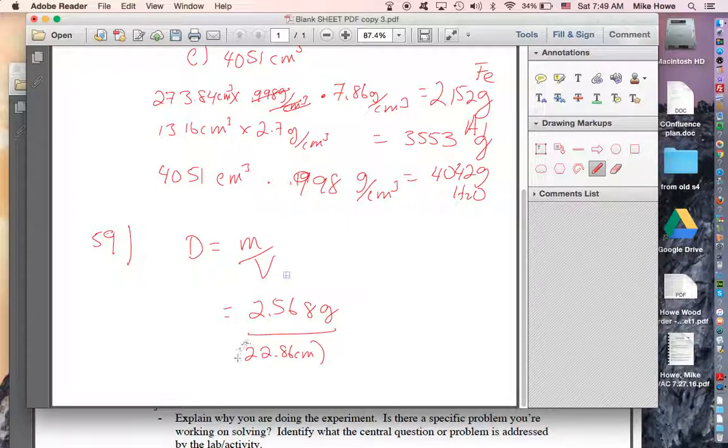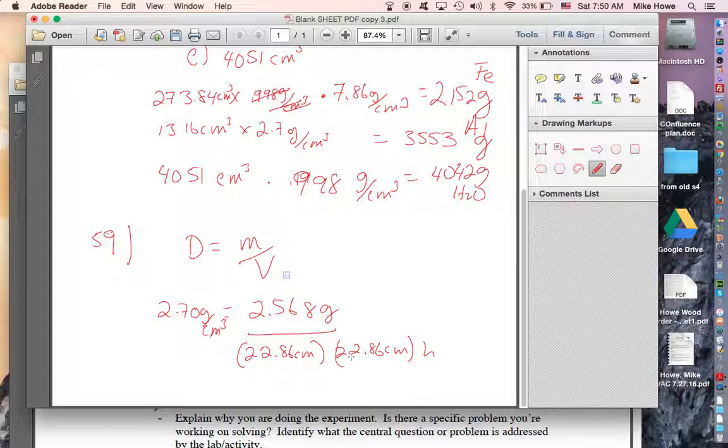So you'd have length times width times height, which we don't know, so I just call that h. The density we know is 2.7. All right, so now all you have to do is solve for h. To do that, we multiply both sides by the things that are in the denominator.